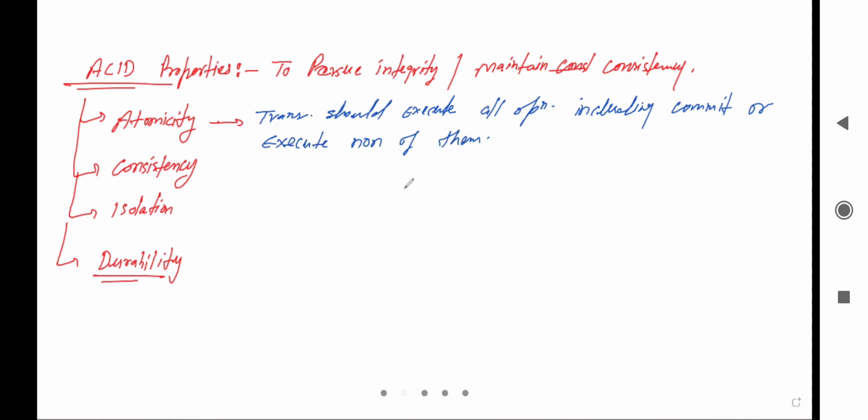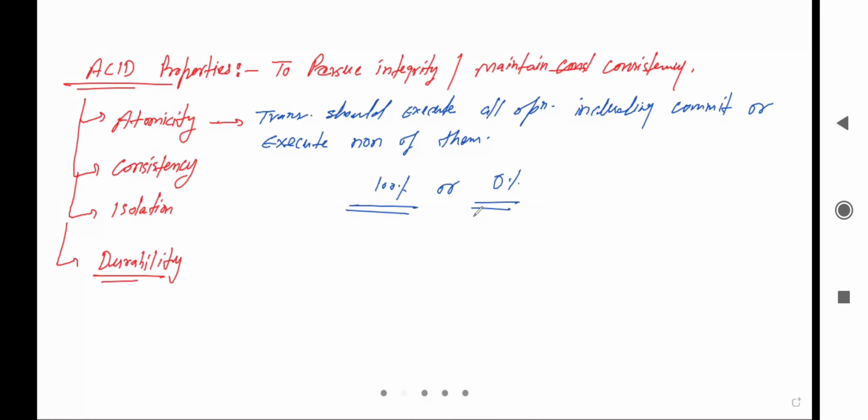Means we can say transaction either it should be 100% or it should be 0%. या तो ट्रांजेक्शन 100% या फिर ट्रांजेक्शन 0% होना चाहिए, नॉट इन बिटवीन, right?